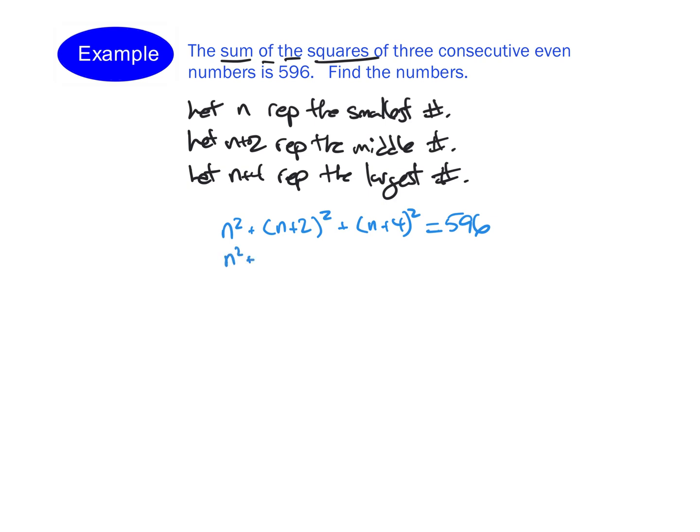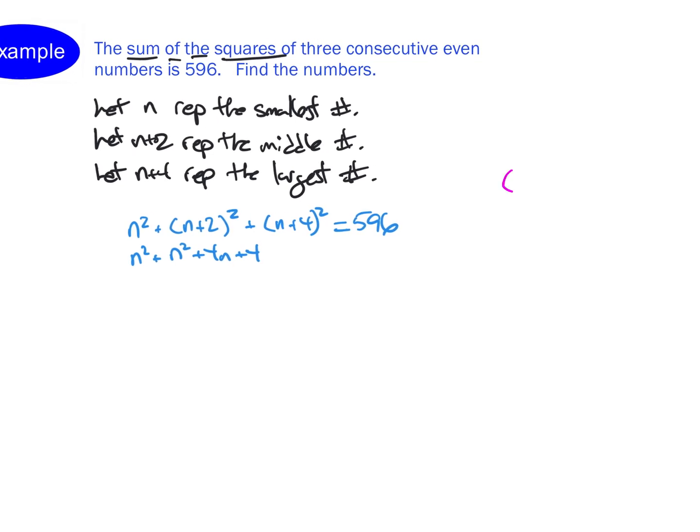(n plus 2) squared is n squared plus 4n plus 4. Wait, where'd you get the 4 from? It just magically appears? Yes, it just magically appears. This is all just my magic trick to you. No. (n plus 2) squared means (n plus 2) times (n plus 2).